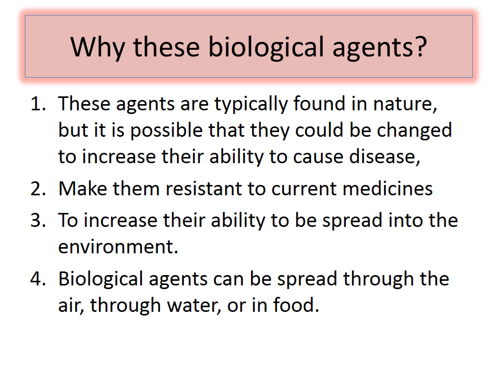And the problem we have in dealing with these kinds of threats is that they are becoming more and more resistant to current medicines, and once these are released in public in a civil society, they can spread very rapidly in the environment.